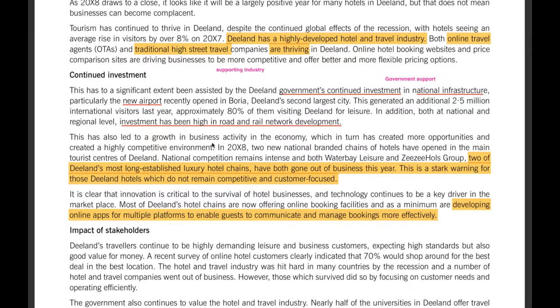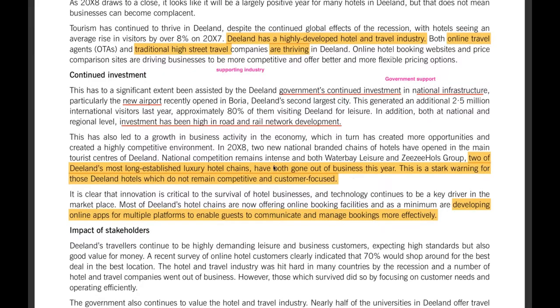This has also led to growth in activities in the economy, which in turn has created more opportunities and a highly competitive environment. So this is where you can talk about rivalry. Two new national branded chains of hotels have opened in the main tourist centers.